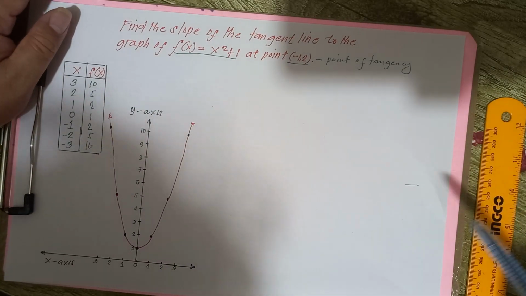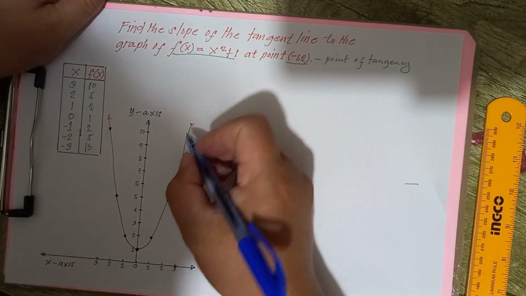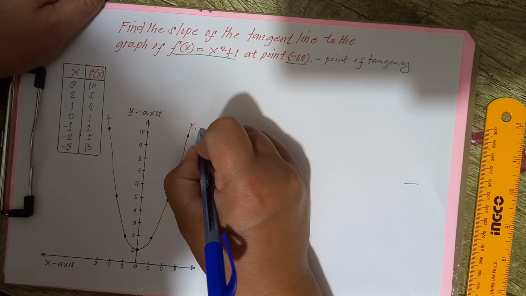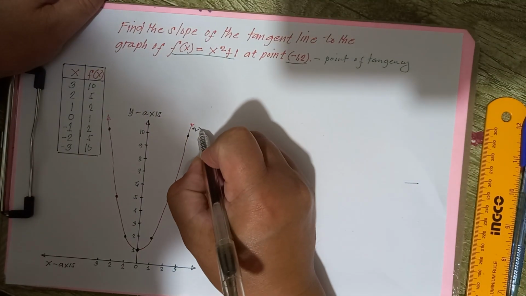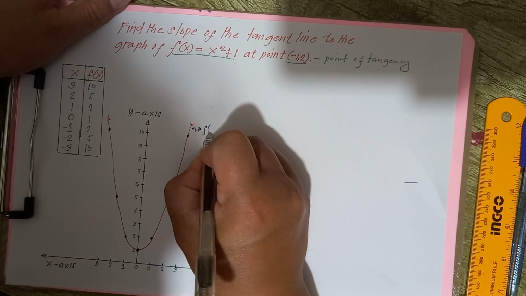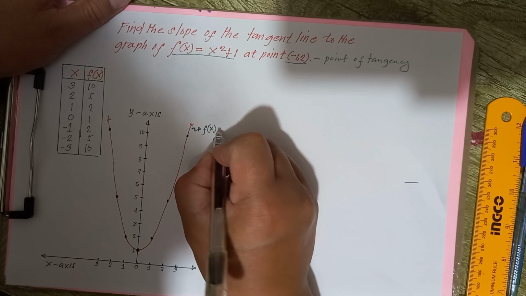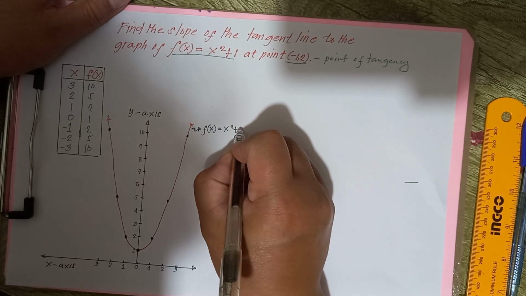Before we move on, let's name this one. What is the name of our parabola? The name of our parabola is f of x equals x raised to 2 plus 1.